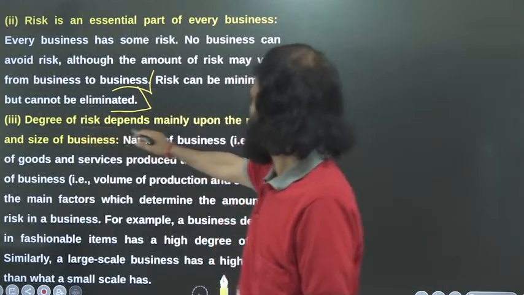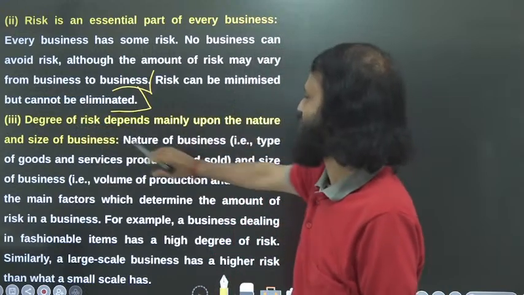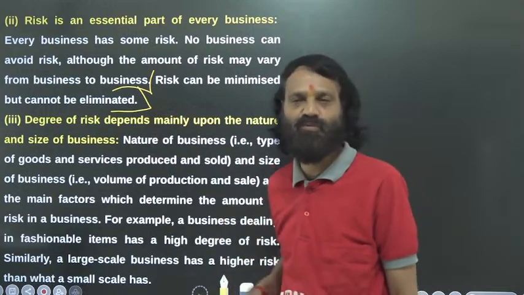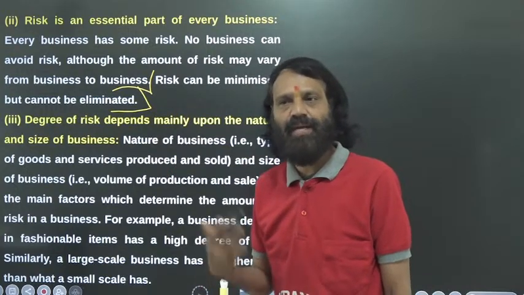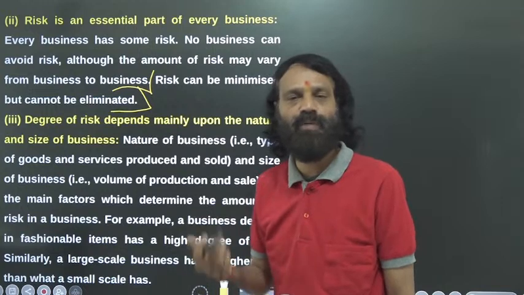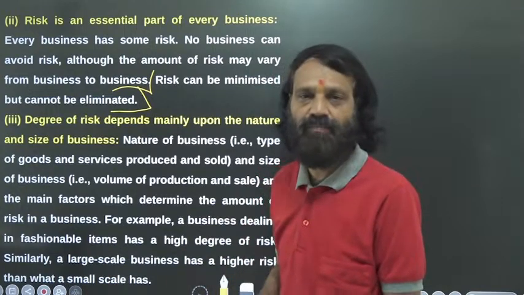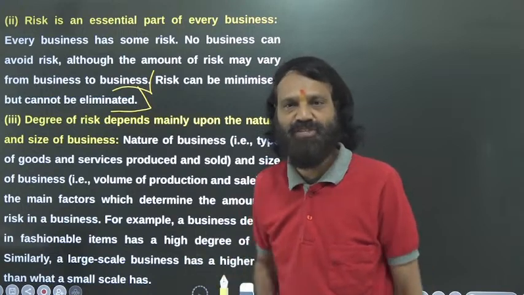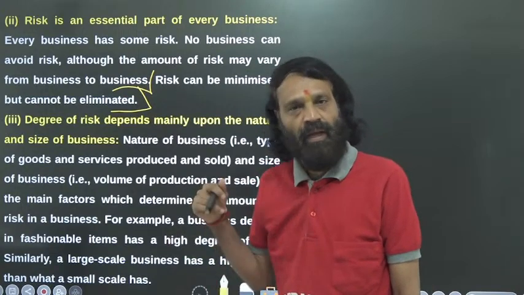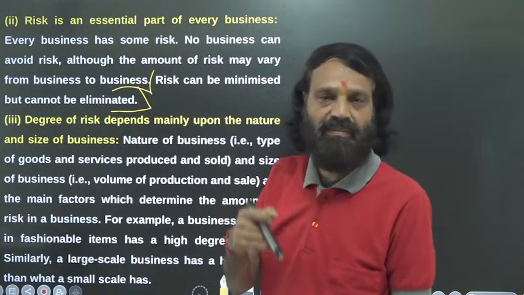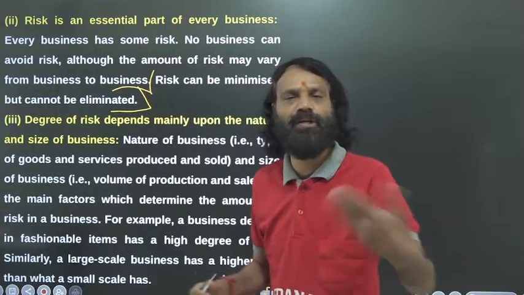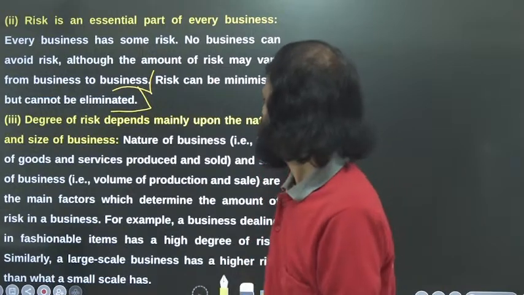The degree of risk depends mainly upon the nature and size of the business. The nature and size of business we want to study. What kind of business we are doing, that we must come to know. We must analyze it in a better way. The business's investment, the products, people's taste and preferences, technology, everything we need to understand and study.